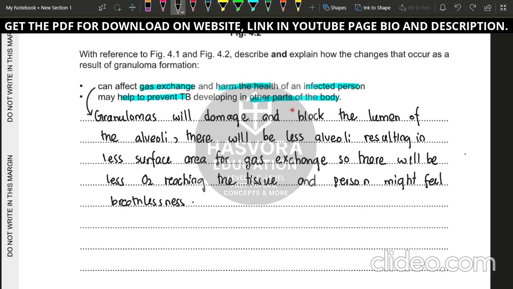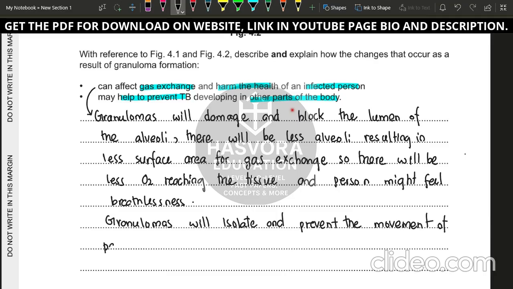So we have to add the second pointer, so it will be the granulomas will isolate and prevent the movement of pathogen to other parts of body.